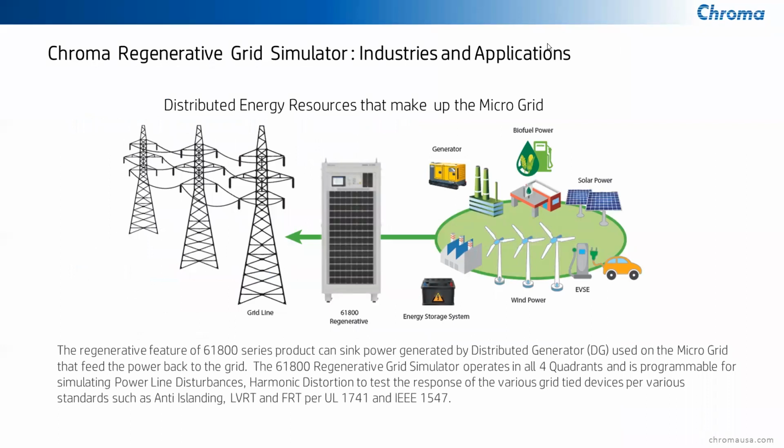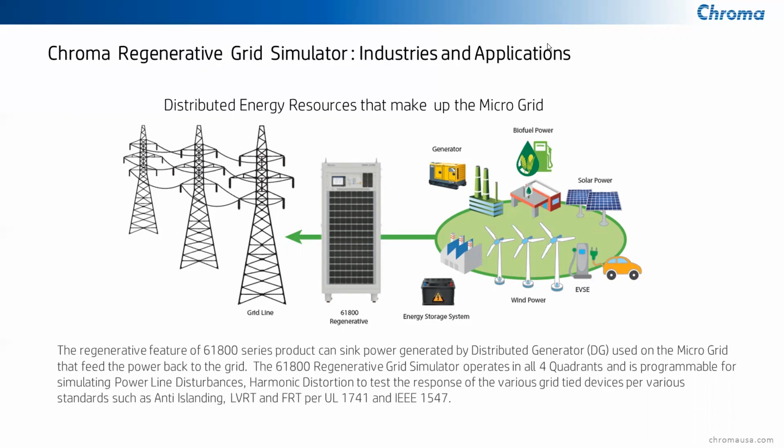The makeup of the microgrid probably is something that I overcovered here, but originally when the R&D groups developed our 61800, they were focused on just the solar power and the PV inverters, what we call photovoltaic or PV inverters.